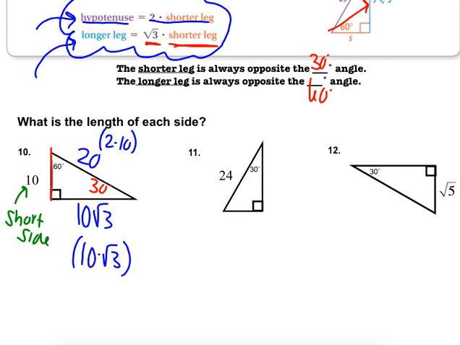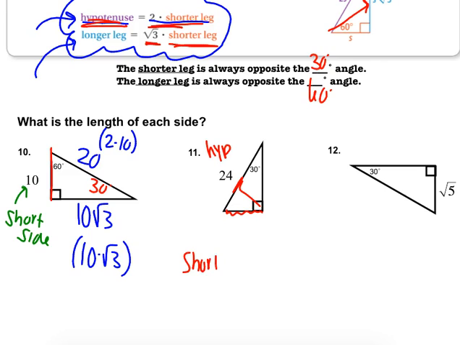So again, start by figuring out what information did they give us. Well, this is across from the right angle, so this is the hypotenuse. So if I know the hypotenuse is twice the short leg, how can I find my short leg?